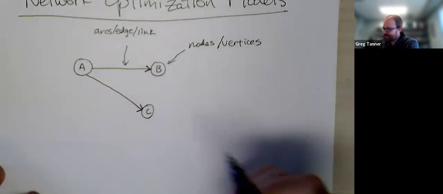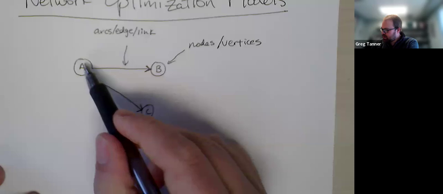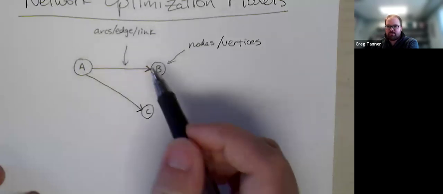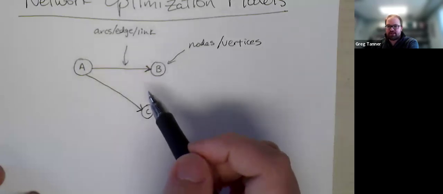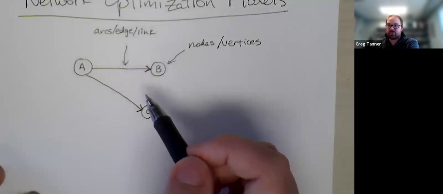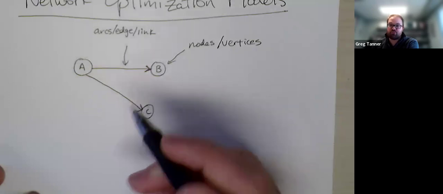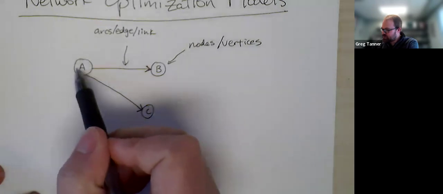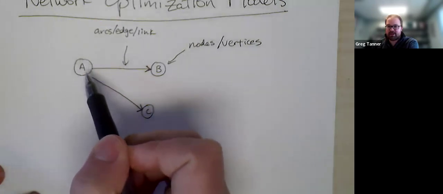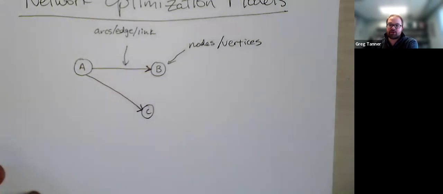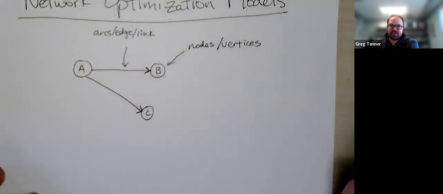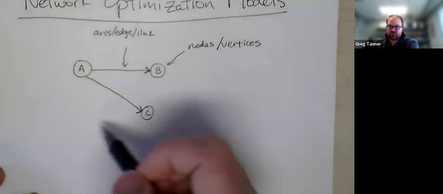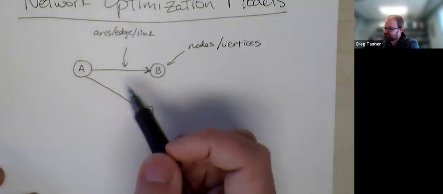Our typical example is that some of our nodes represent sources of product, and some nodes represent sinks of products or where there's demand. And so some of our nodes will be supply nodes, meaning that they create goods. Maybe the easiest thing to think about is that these networks represent the movement of goods.